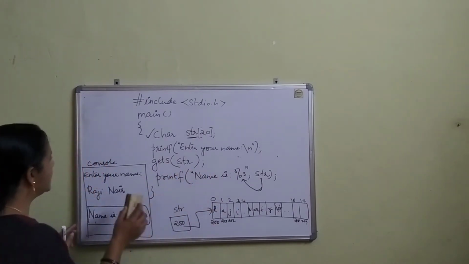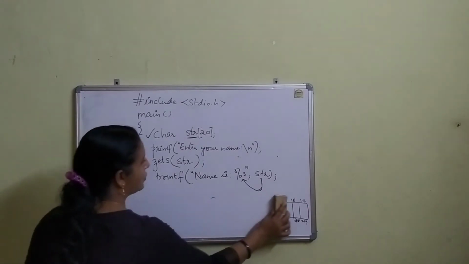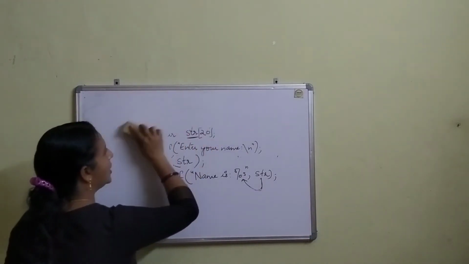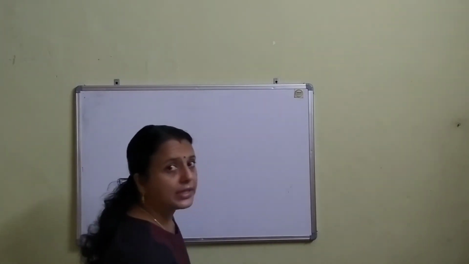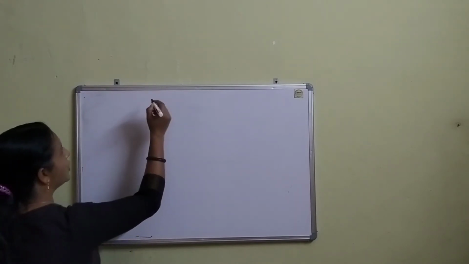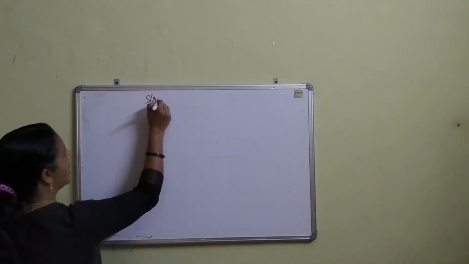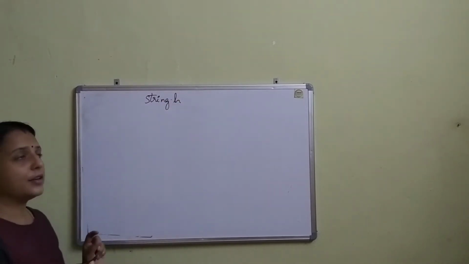Now let us see some other string handling functions which are available. When you want to use inbuilt string handling functions, what do you have to include? You have to include the string.h header file.